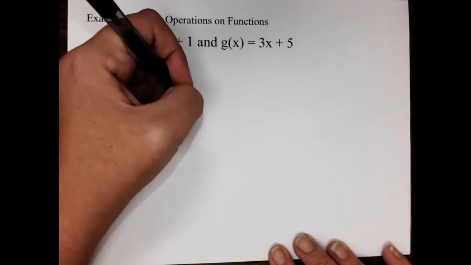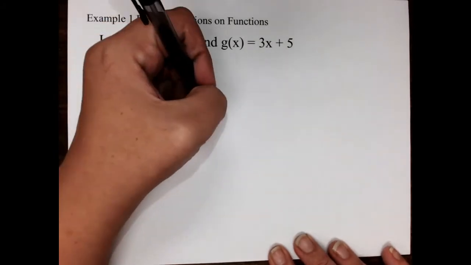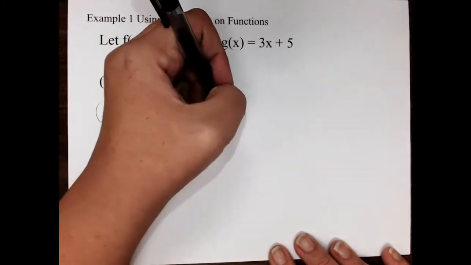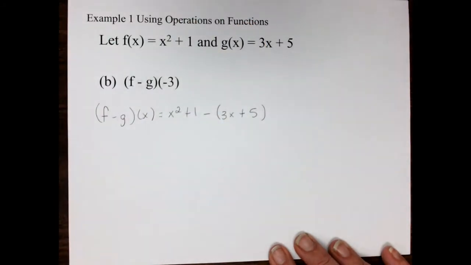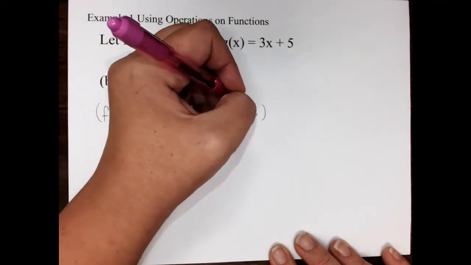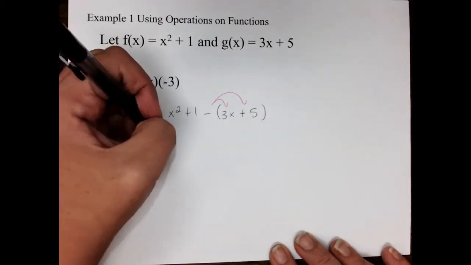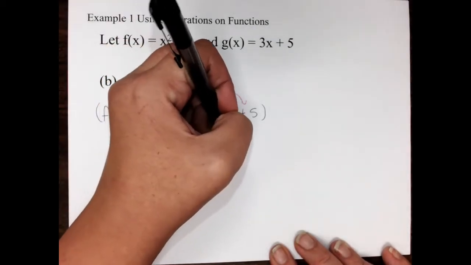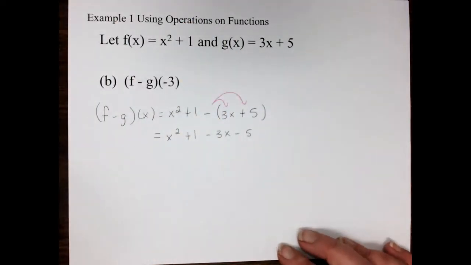I can write my first function f just as x squared plus 1, but I'm subtracting this entire second function 3x plus 5. So I'm going to need to be careful because I need to distribute this negative to both terms, and that's going to change the sign of them. So I've got x squared plus 1 still, but this becomes minus 3x and minus 5 because I'm subtracting both of those terms.